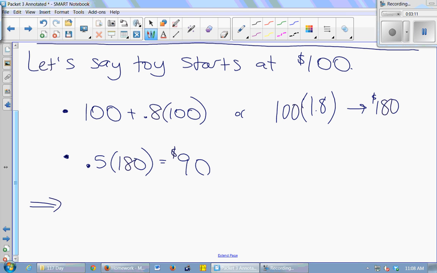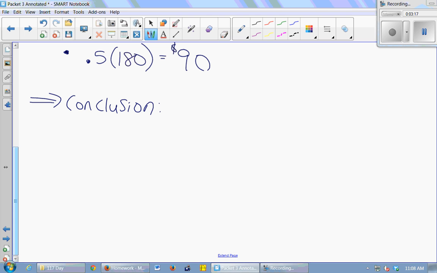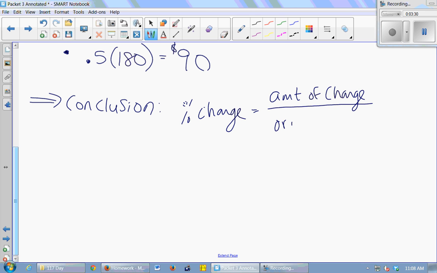So then my conclusion is that if I want percent change in price, you do the amount of change compared to the original amount. $100 to $90, what's the amount of change there? $10, yeah.